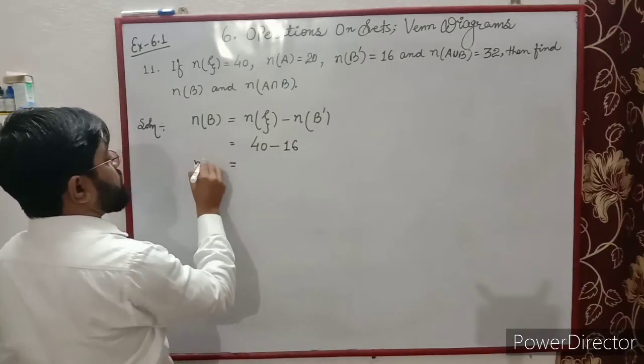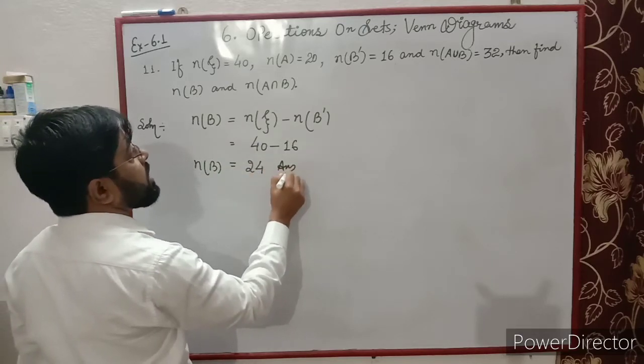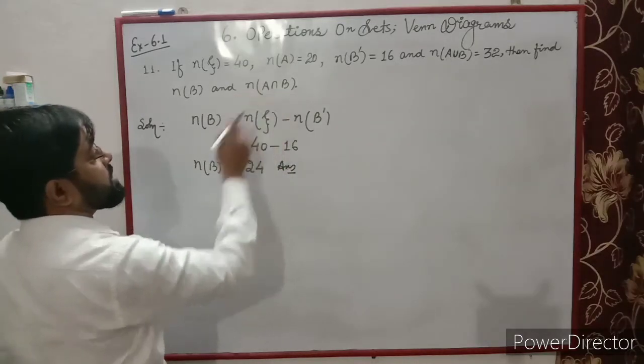So n(B) is equal to 24. That is the answer.